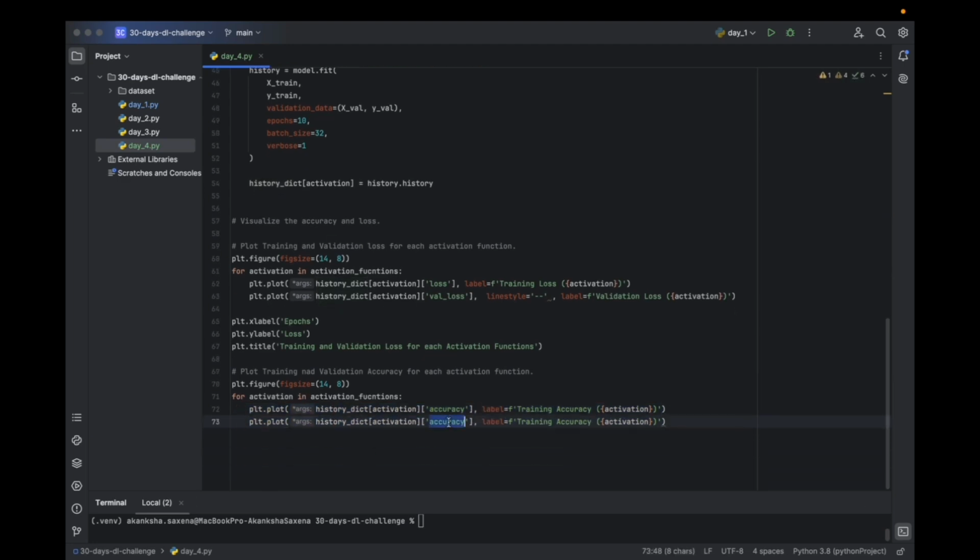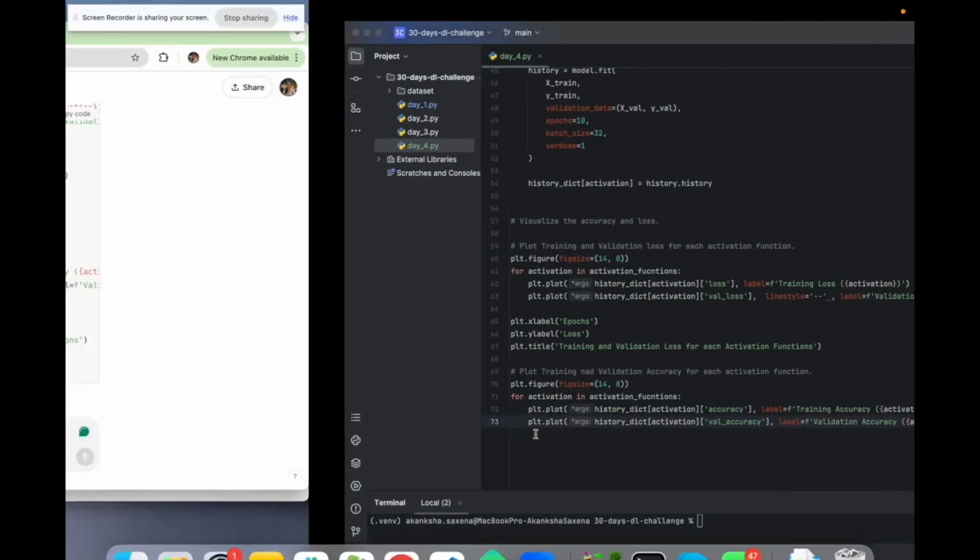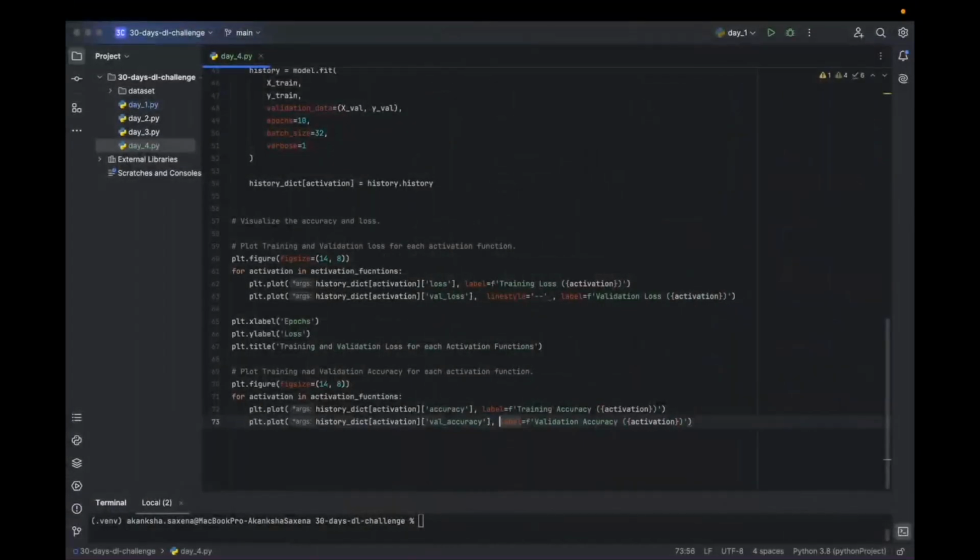Now I'll mention that we want validation accuracy, and it is going to be validation accuracy. And here also the line style is going to be dash, so that it becomes easier for us to understand amongst all those 6 lines. For easy differentiation, we are doing this.